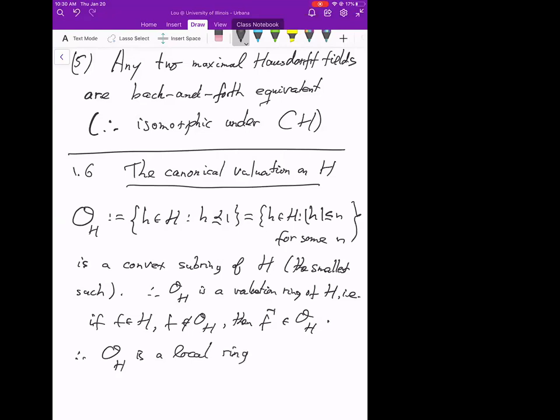Think of O_H as the bounded elements of H with maximal ideal the infinitesimals, little o_H. You see that the notation mimics a little bit the big O and little o notation of Landau. Big O_H and little o_H is all the h in H that are infinitesimal, or h in H such that |h| is less than 1/n for all n positive.